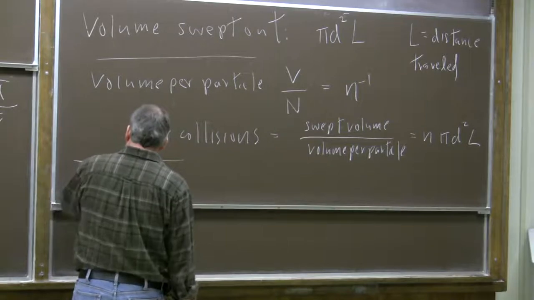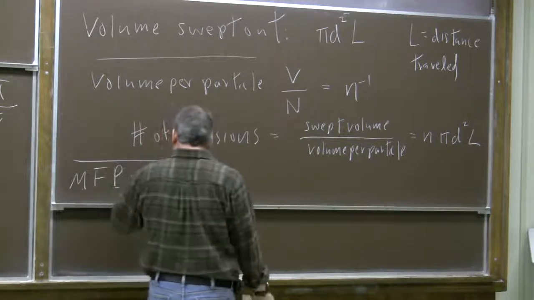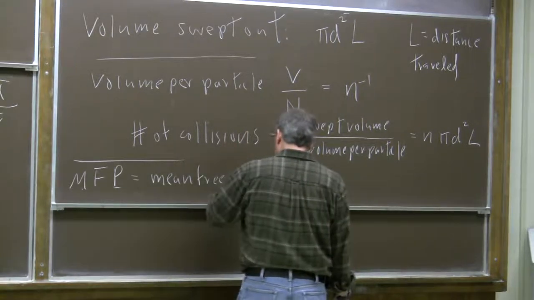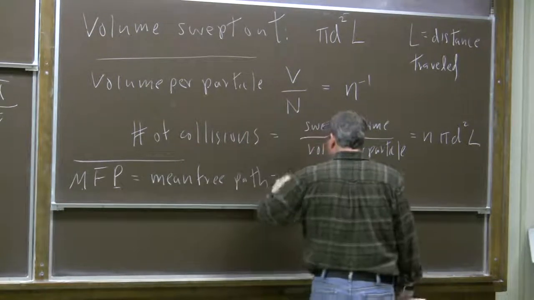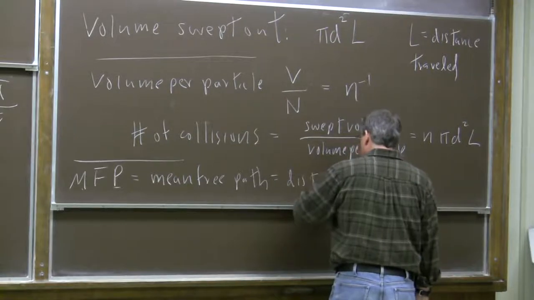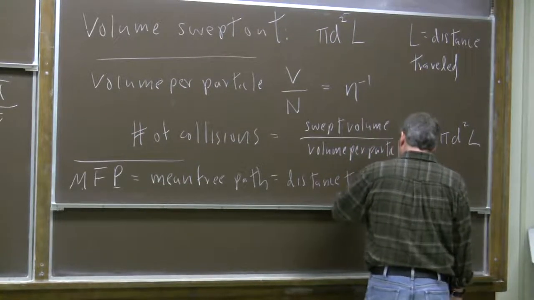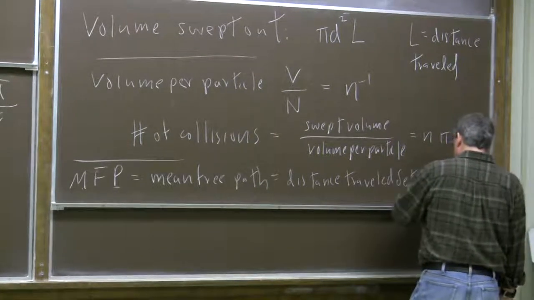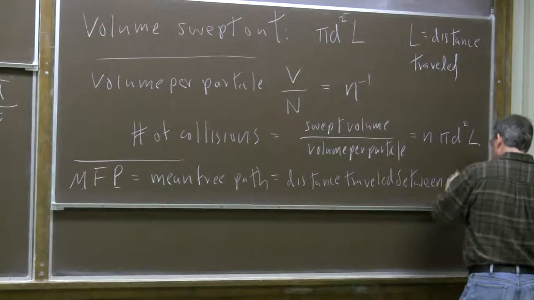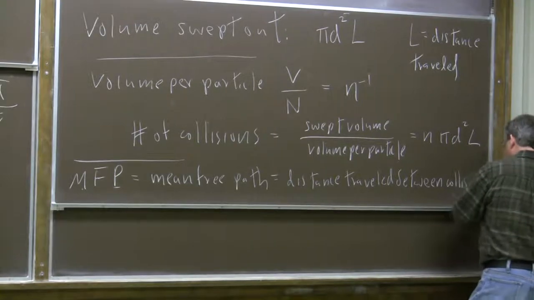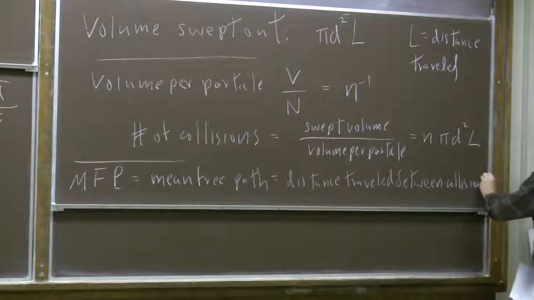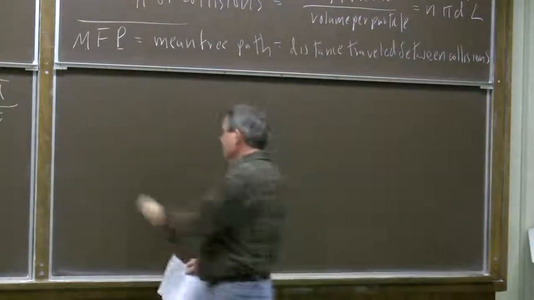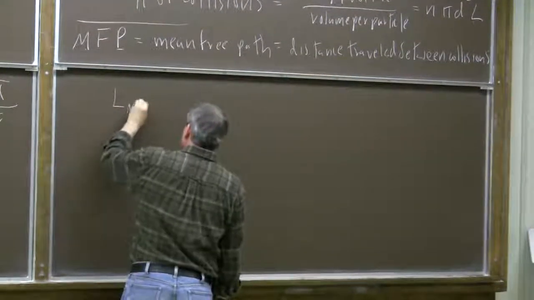So mean free path equals distance traveled between collisions, is L mean free path.